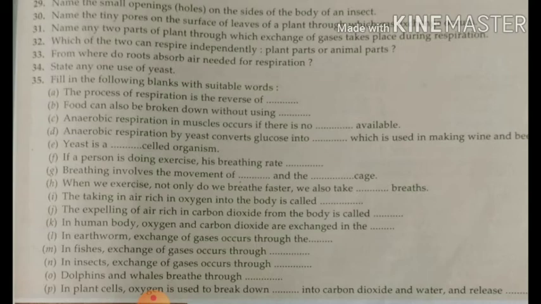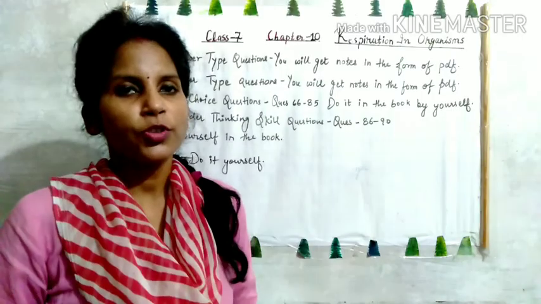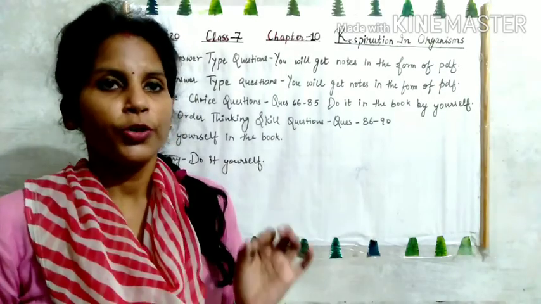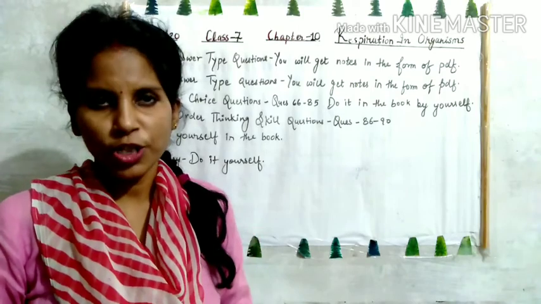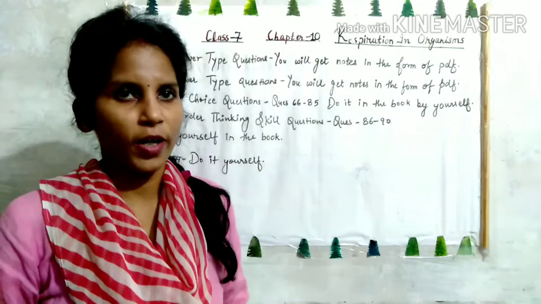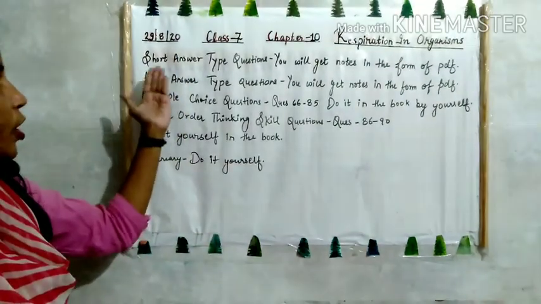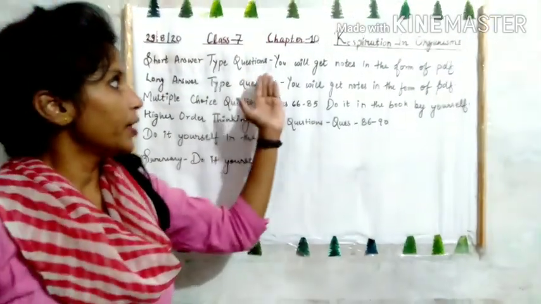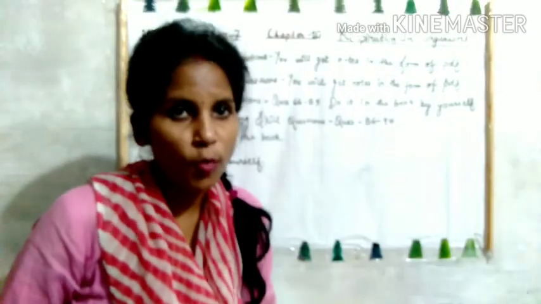Now you will be getting the notes of short question answers and long question answers in the form of PDF in your group. So children, you have to do very short answer questions in book itself and send it to me as your homework. Now short answer type questions that you will get notes in the form of PDF.